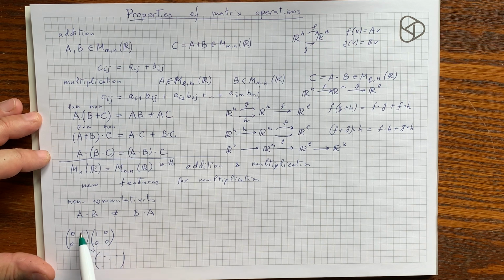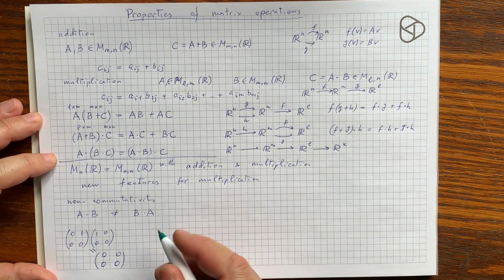So 0 by 1, 1 by 0 will give us 0. This entry comes by this formula as the sum of products of components of the first row and the second column. Second column is full of zeros, so we'll have 0 here as well. And then the second row of the first matrix is again full of zeros, and it will be just total 0 as a result.